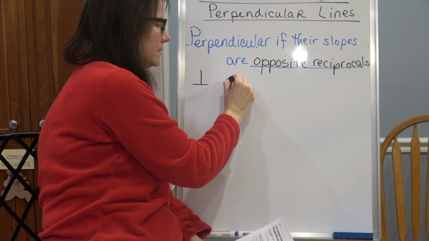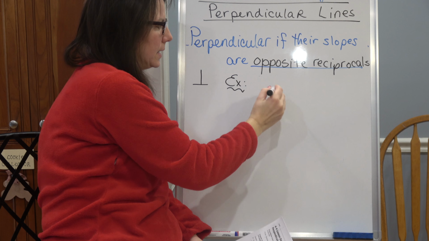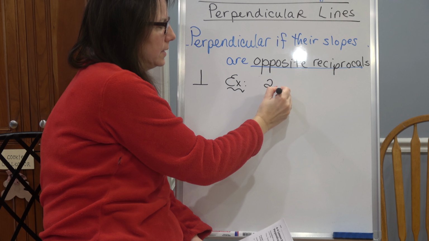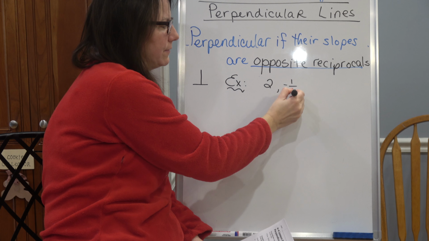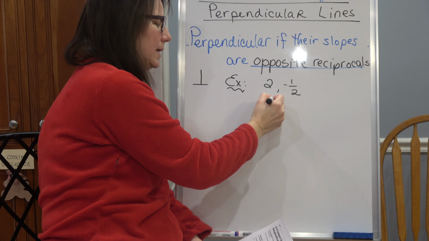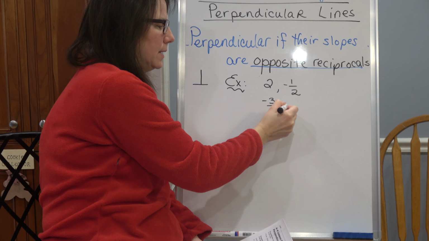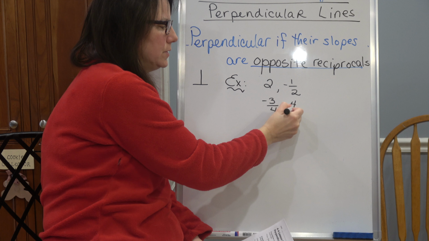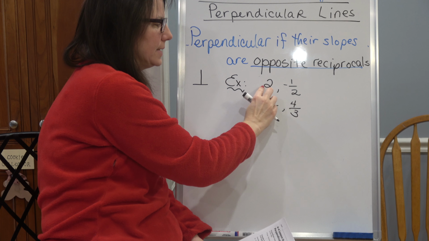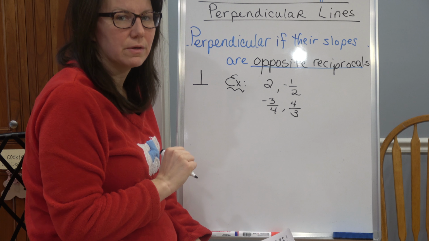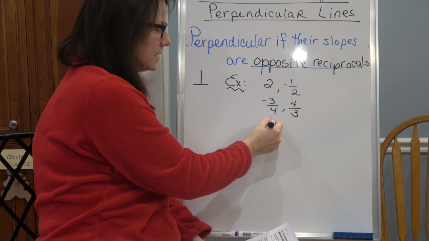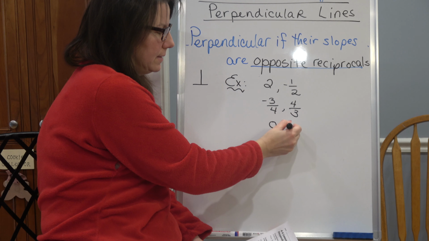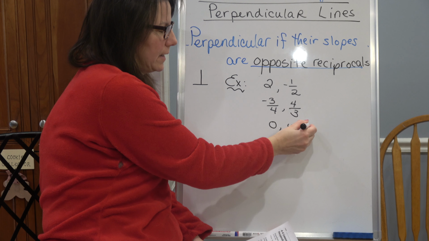Some examples of this would be 2 and negative 1/2, negative 3/4 and positive 4/3. They have to be opposite signs and reciprocals of each other. If you had a 0 slope, then when you flipped it over, it would be undefined.